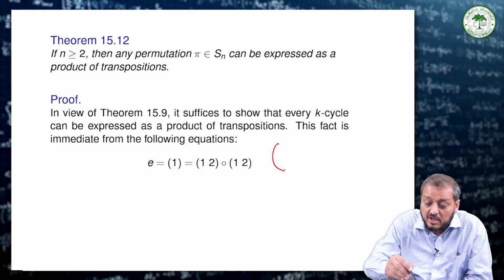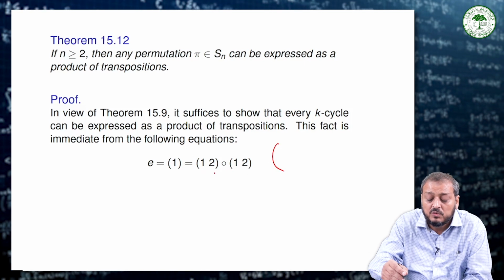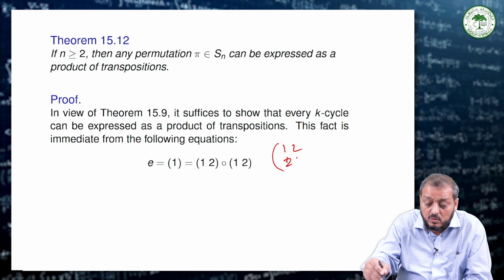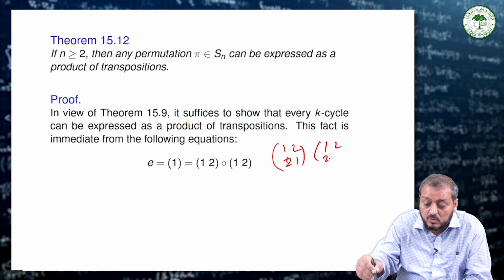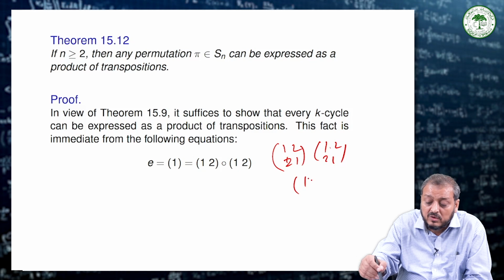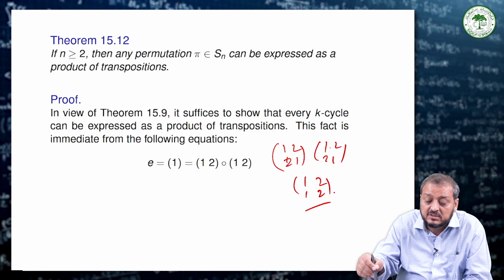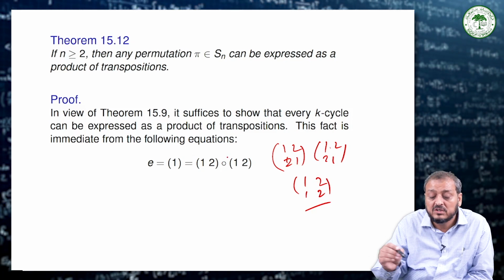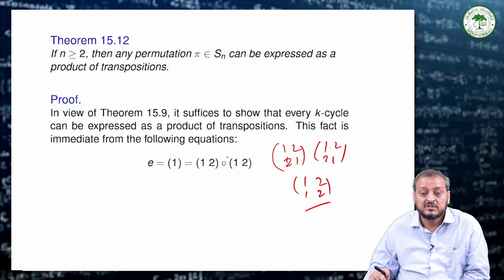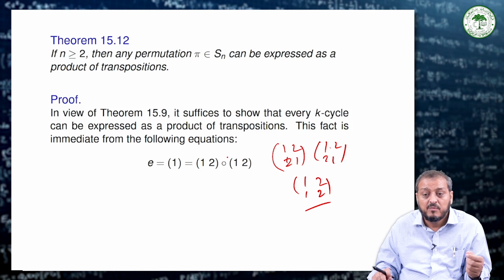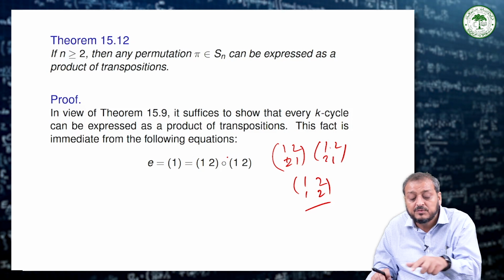So 1 goes to 2, 2 goes to 1, and then 2 goes to 1, 1 goes to 2. So this is clearly the identity. So (1 2) composed with (1 2) is equal to the identity. So this is not a problem. This means the identity can be written as a product of transpositions.